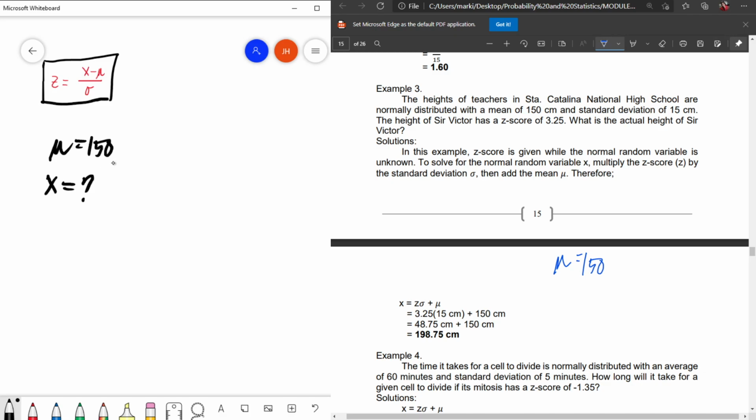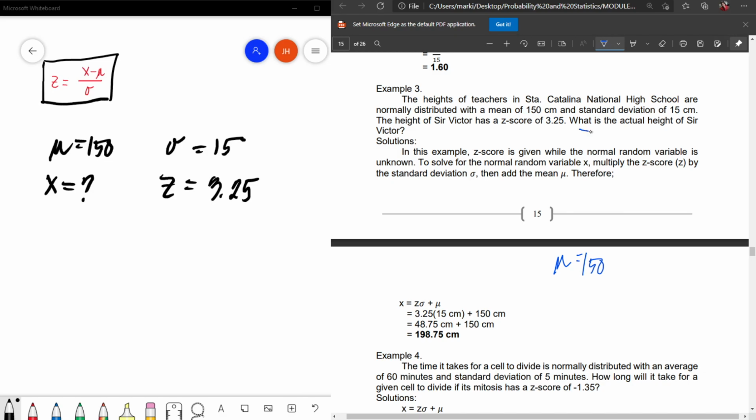To solve for the normal random variable x, multiply the z-score. What are the other givens? The heights of the teachers have a mean of 150 and a standard deviation of 15, and you already have the z-score. So the first step is to write the givens. We are asked to find the actual height of Sir Victor.